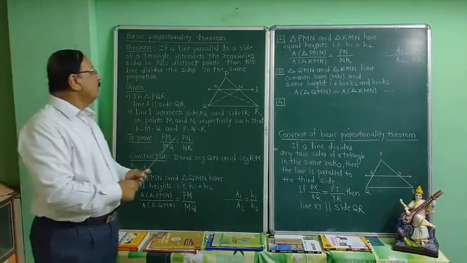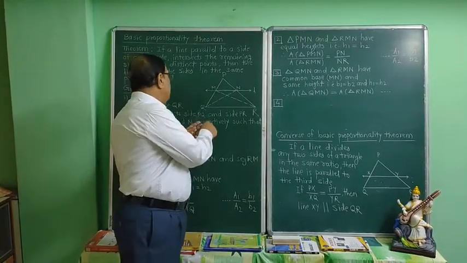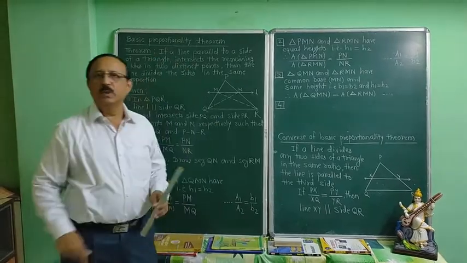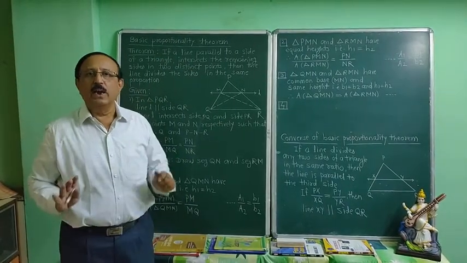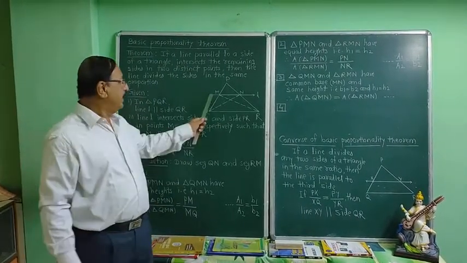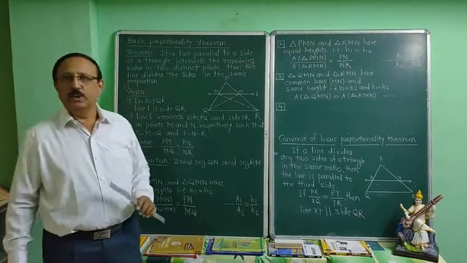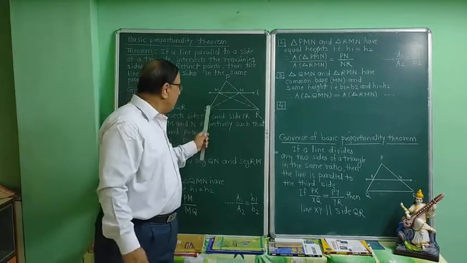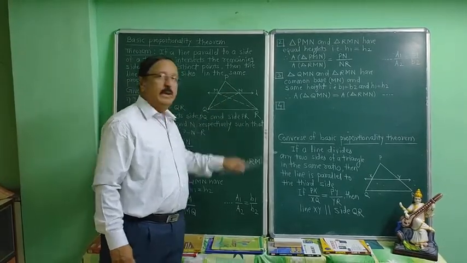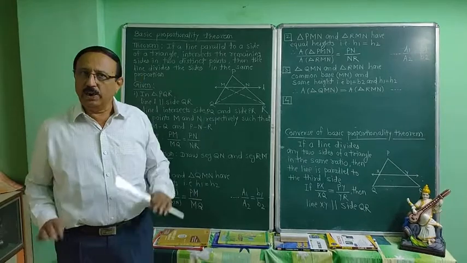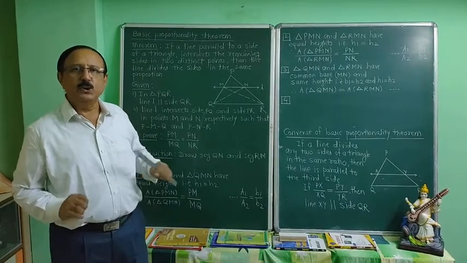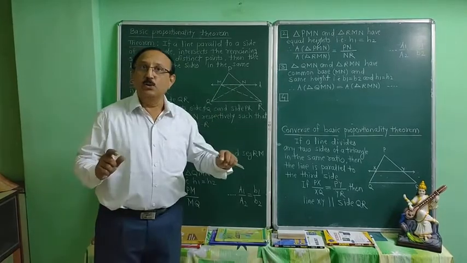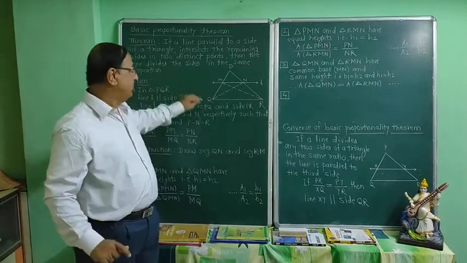Now two triangles again, QMN and triangle RMN. These two triangles have a common base and that base is MN. Therefore B1 is equal to B2. Again these two triangles QMN and RMN have equal heights, H1 is equal to H2. Why are the heights equal? Because these two triangles are between the parallel lines.